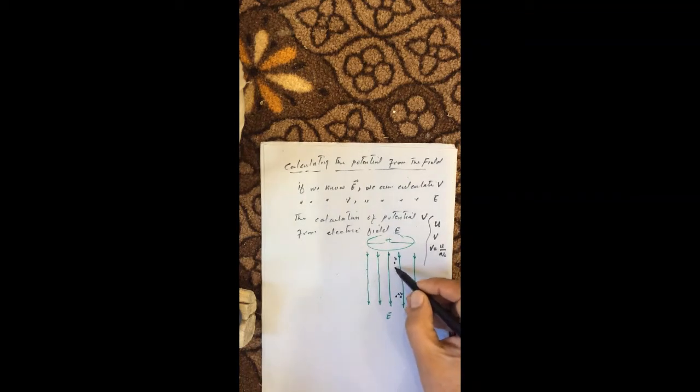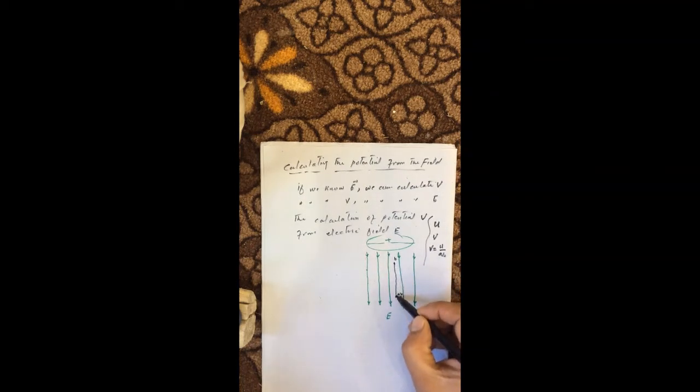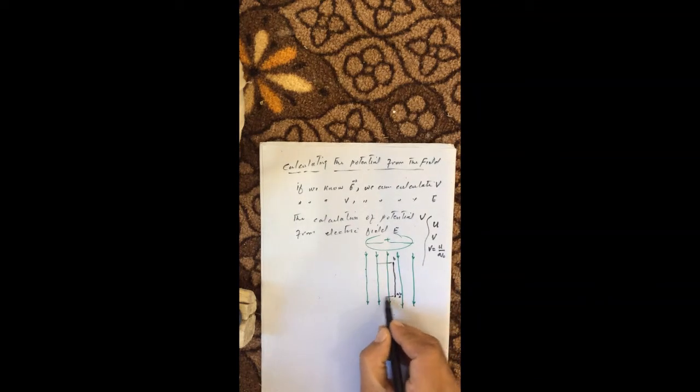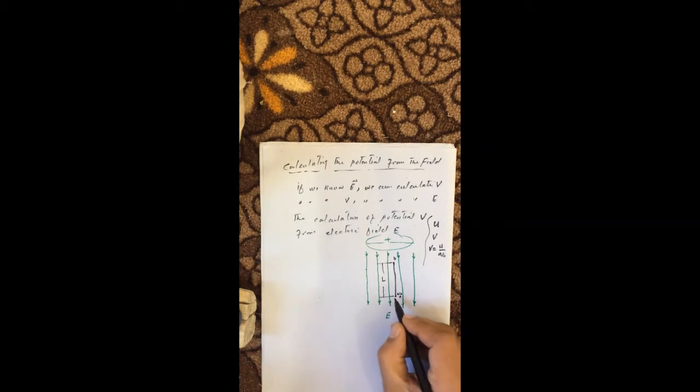Now the distance between A and B, I call it length L. Now the point charge is here. We are moving it in this direction.